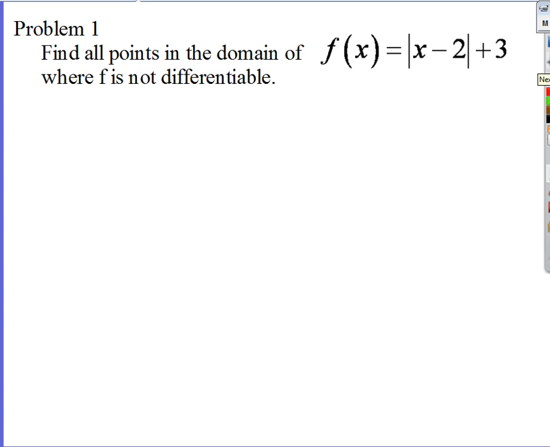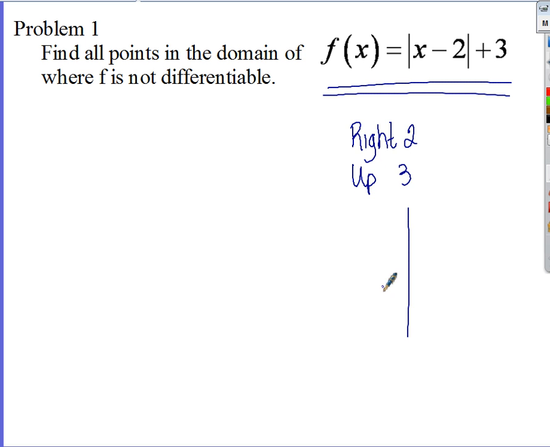So problem 1: find all points in the domain of f of x where f is not differentiable. Right away, I see absolute value, and I know absolute values are V. The x minus 2 inside the bars tells me this graph is going to move right 2 units, and the plus 3 tells me it's going to move up 3. If I sketch this, right 2, up 3, there's my point.